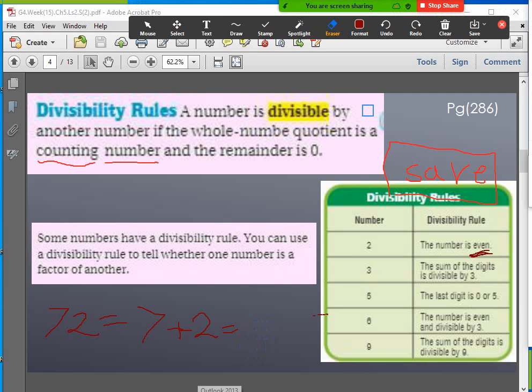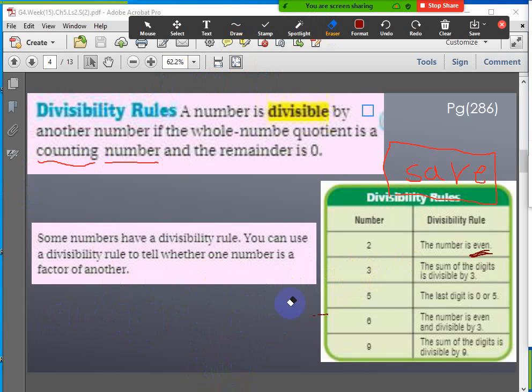So this number is divisible by 3 because the sum of the digits, if you add the digits, is 9, and 9 is able to be divided by 3. If you try to divide 72 by 3, the quotient will be a counting number and you don't have a remainder, and we will try it now.